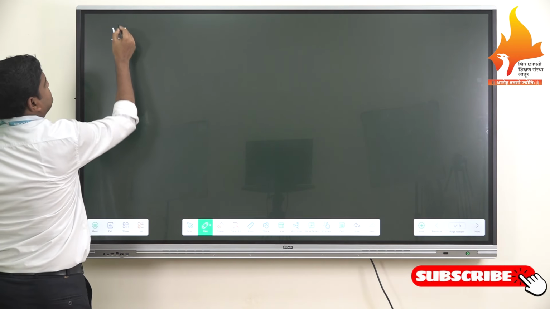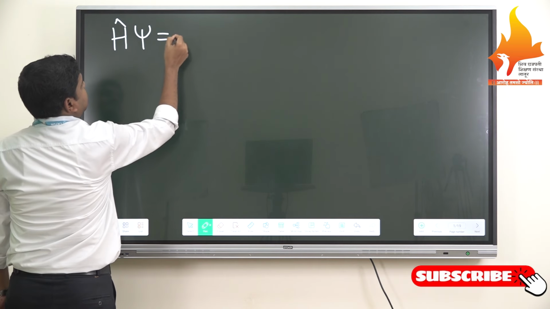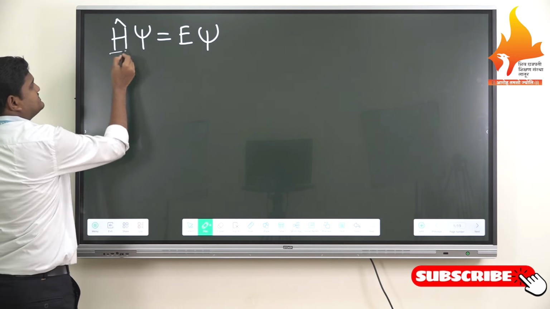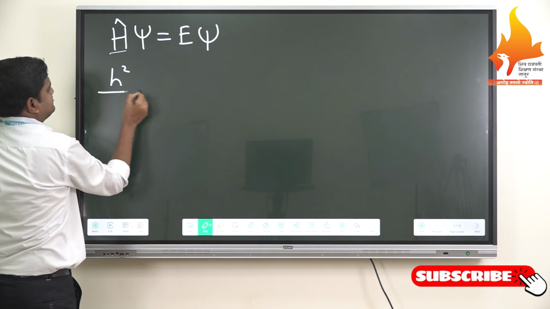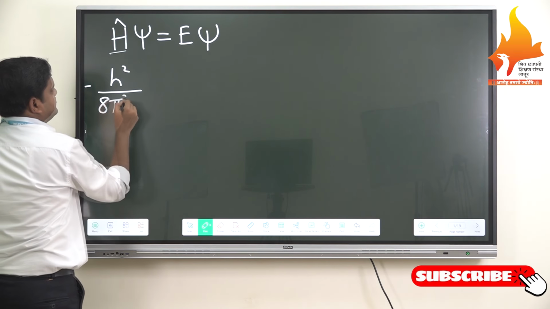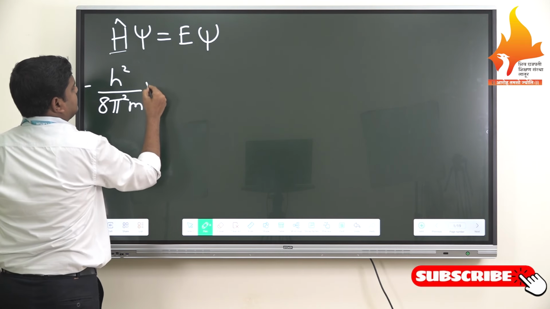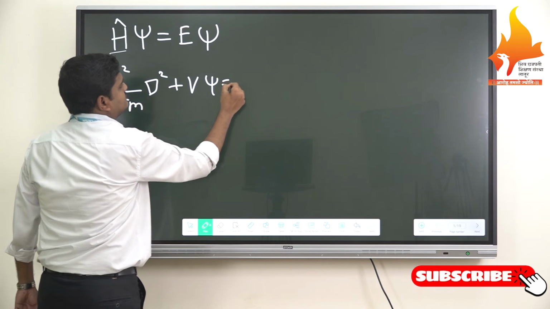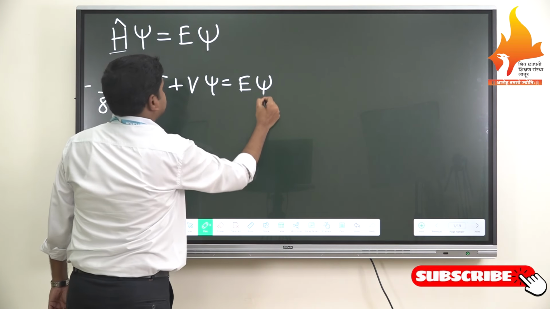So this is the Hamiltonian, H psi is equal to E psi, our Schrodinger equation. Here minus h square divided by 8 pi square m del square plus V psi is equal to E psi.